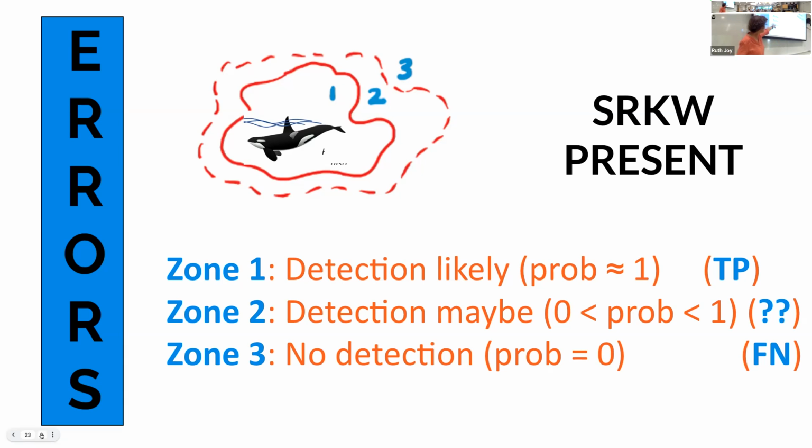In zone 2, you may detect them. They may be facing the wrong way. There's a whole set of reasons why you might not detect them. And in zone 3, the probability of detection is 0. Whales are too far away, or whales are behind land. But the whales are still in the vicinity of the hydrophone. So these are challenges that we'll be focusing on, and other people will be addressing in their work as well.